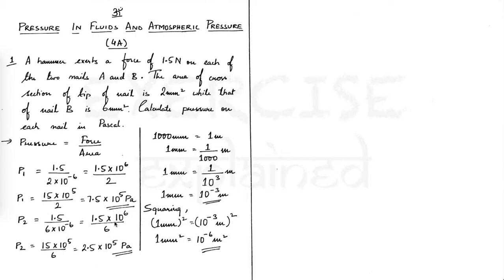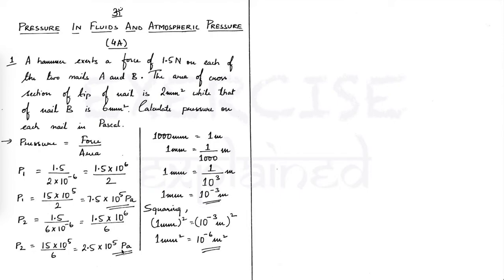Now again, just like the previous one, I multiply 1.5 by 10, so we get 15, and this happens to be 10 to the power of plus 5 divided by 6. So 15 by 6 gives me 2.5 into 10 to the power of 5 pascals.